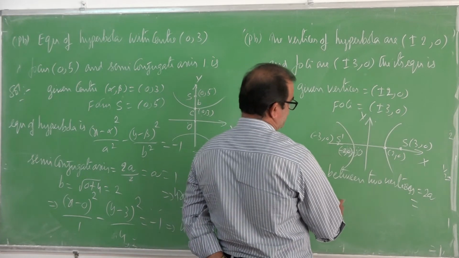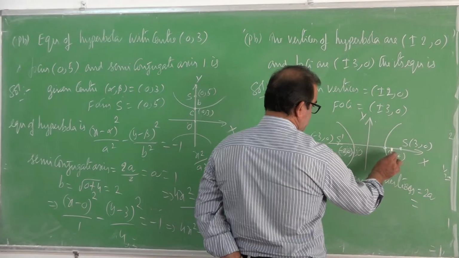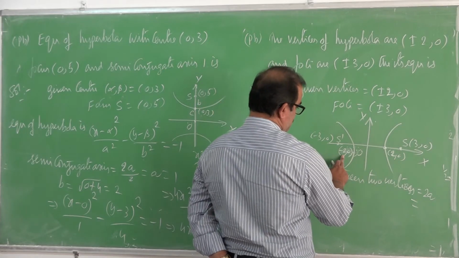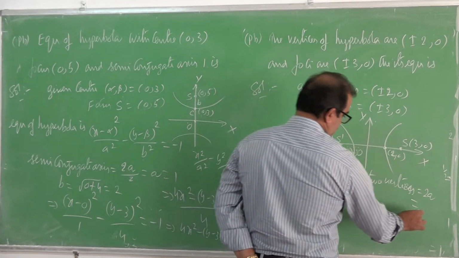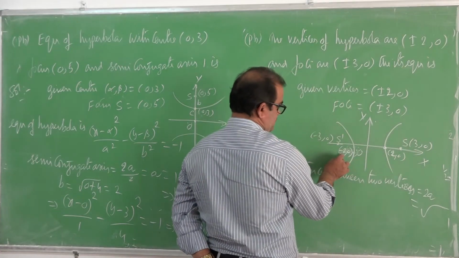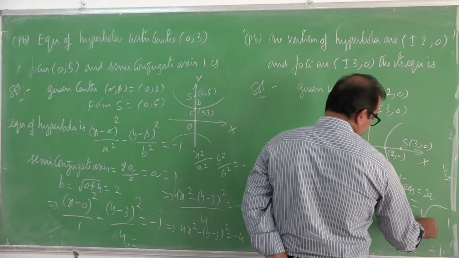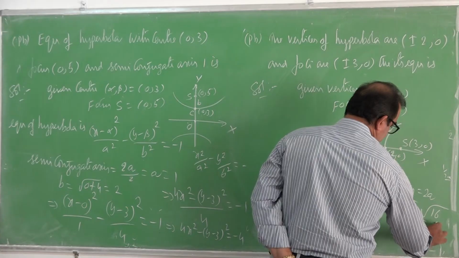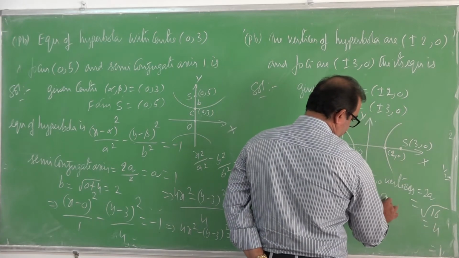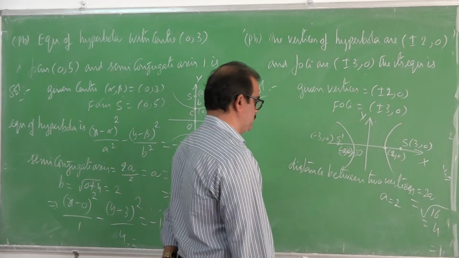What is the distance between two vertices? 2 comma 0 and minus 2 comma 0: root of (2 plus 2, 4) whole square, that is 16, root 16, that is 4. 2a is equal to 4. So a is equal to 2.